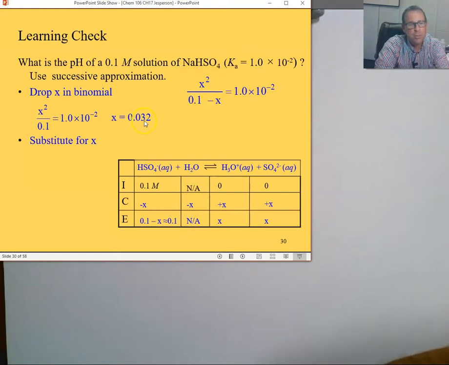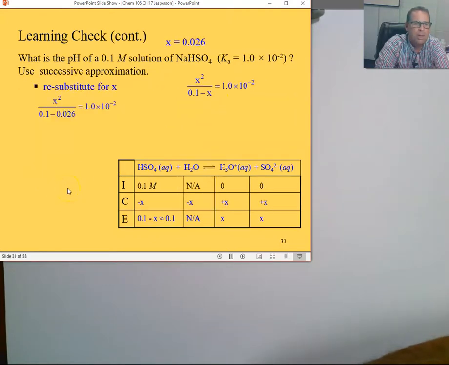So if I take 0.032 now and substitute it in for that x, and then solve it again, I get this time 0.026. Now, if I take this 0.026, again, it might not be the right answer, but then I put it in again here and solve the problem the second time, or third time, depending on your perspective, I get 0.027.